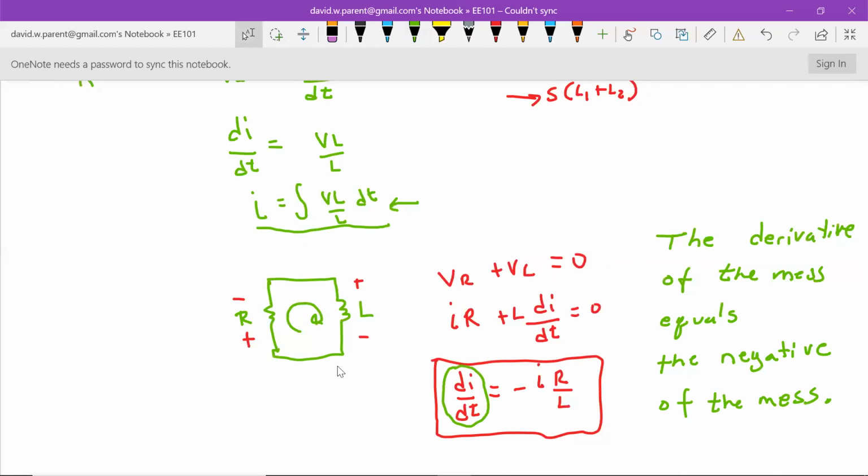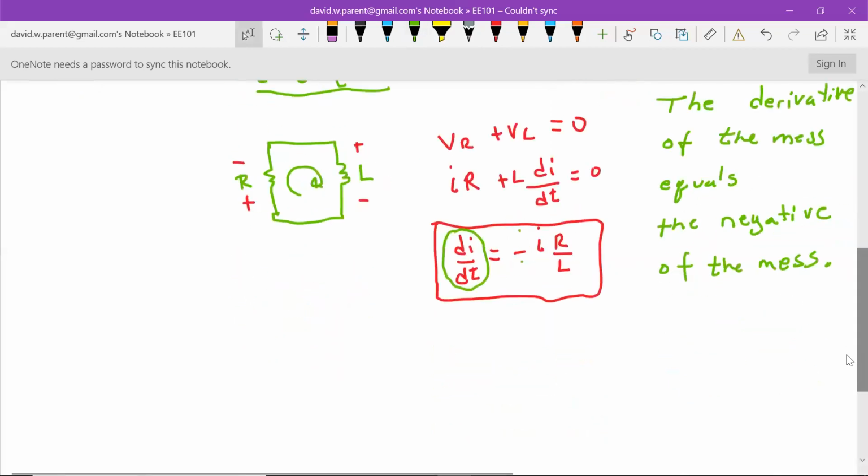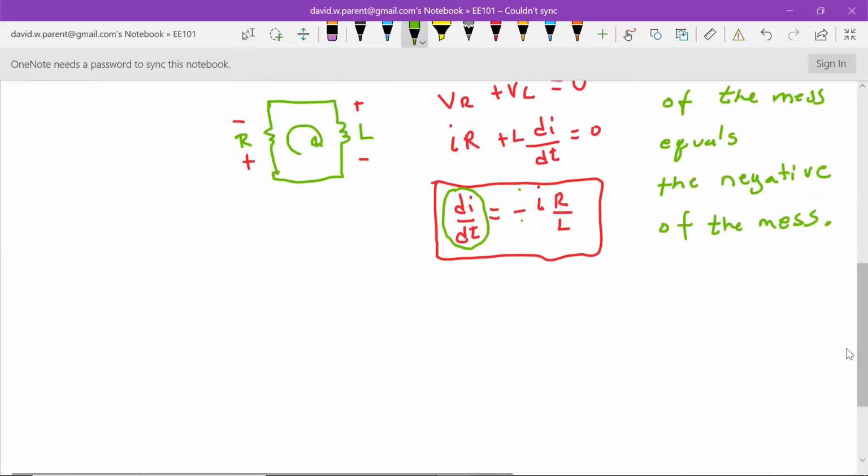equals I, but there's a minus sign there. There is only one thing that will solve that equation, and that's some kind of exponential decay. I've looked in my own differential equations book, and they spend a long time showing you various manipulations on how to get there.